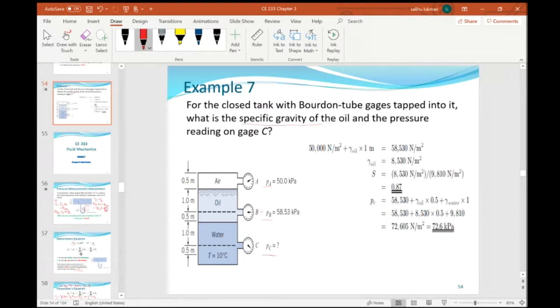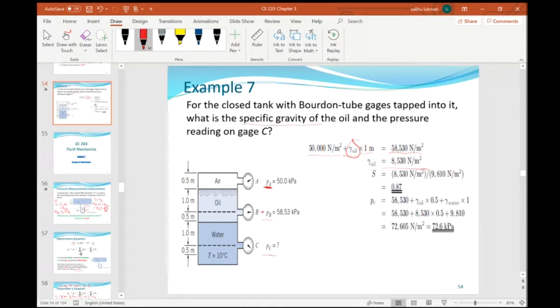So we use the pressure PA at the Bourdon gauge here, 50 kilopascal, plus the height of the oil column, 1 meter, with rho g h. So unit weight of oil times 1 meter gives us the pressure B at this point. The only unknown is gamma oil, which we make the subject of the formula.